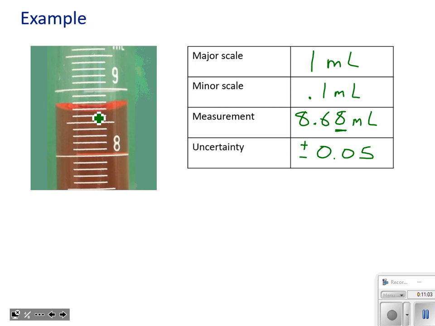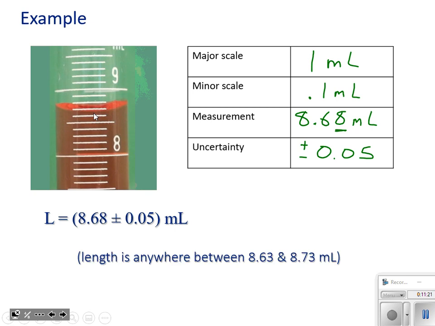Now, once again, when I write this out, I'm going to write 8.68 plus or minus 0.05 milliliters. So the acceptable range for this reading right here, based on my instrument, is going to be anywhere between 8.63 milliliters and 8.73 milliliters. The plus or minus 0.05.